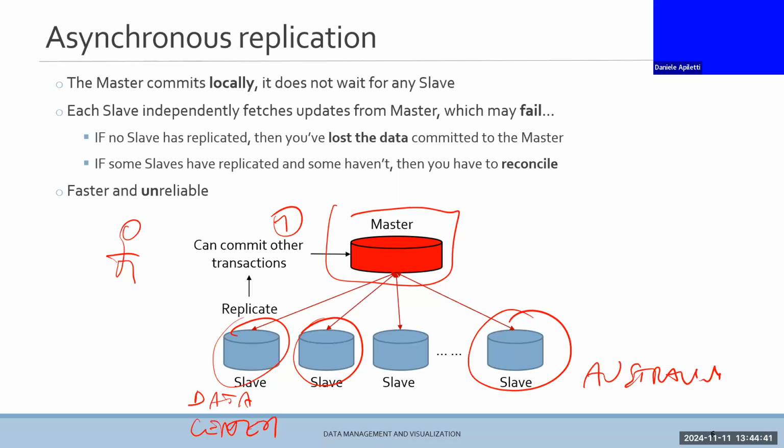And this is Italy, okay? So they are in different places, so they don't have the same performance looking from my point of view of the master, okay? That's independent from the hardware of the slave. It's the time required to go to Australia, write the packet in the hard disk, the update on the hard disk, and get back to me.